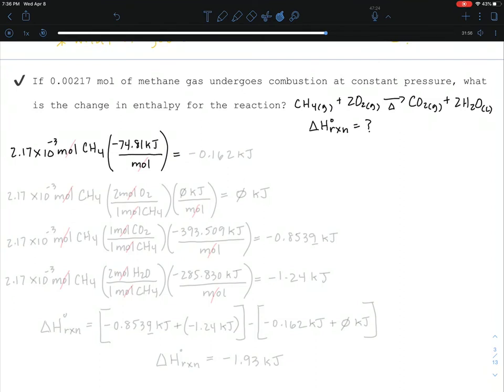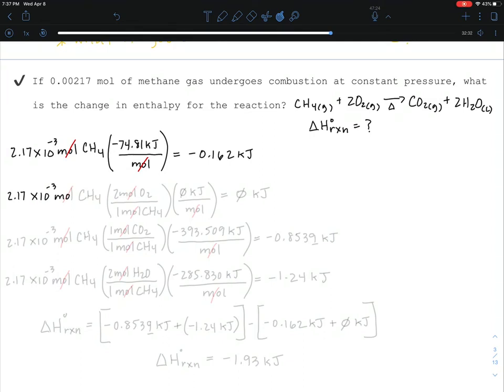But if I only use 2.17 times 10 to the negative 3 moles of methane, then my new value is 0.162 kilojoules, because see how these go away, my moles of methane, when I use 0.00217 moles of methane gas. And now I have to figure out the amount of all of the other, or the enthalpy of all of the other species in the reaction.